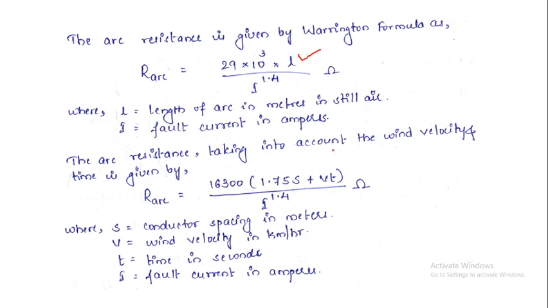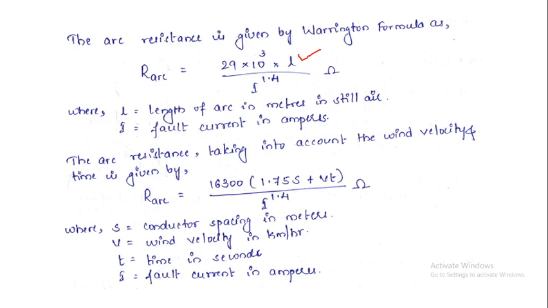As I told you, as and when the transients occur, as and when the flashover occurs, it is going to create a failure of the insulation, so an arc is going to be introduced there. The length of the arc in meters in still air is given by the term L, and I is the fault current in amperes.